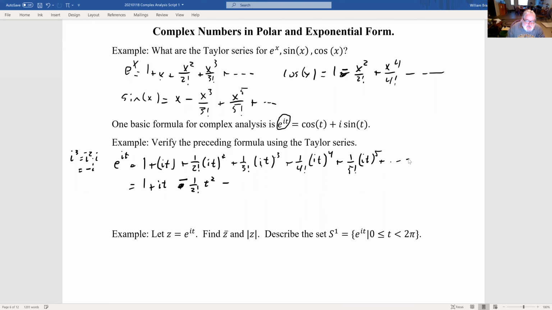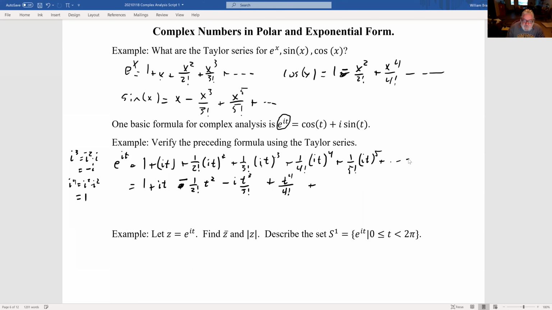So this will be minus i t cubed over 3 factorial. What about i to the 4th? Well, i to the 4th is i squared times i squared, and i squared is minus 1, so that's just 1. So the i just goes away here on the 4th term, and we get t to the 4th over 4 factorial, and that's a plus sign.